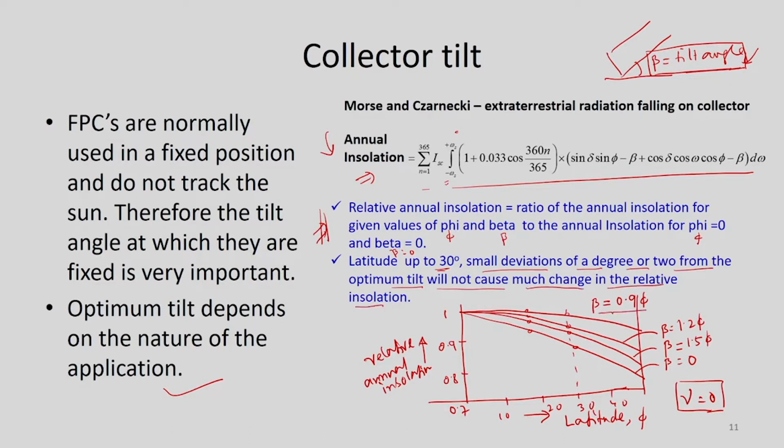This is the best one: beta equal to 0.9 phi, where we can get the maximum solar exposure. This plot shows the variation of relative annual insolation with respect to latitude. If latitude is more than 30, you can see the relative annual insolation actually decreases. There are many correlations which can be used for calculation of beta optimum for maximum solar radiation absorption in the collector.